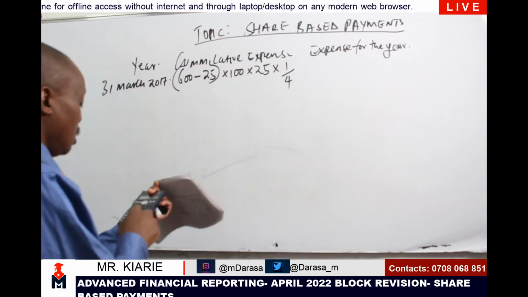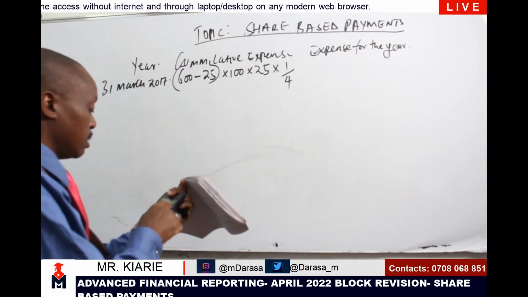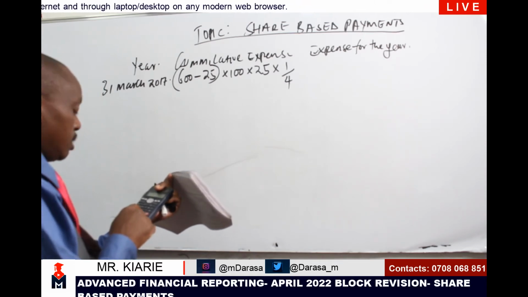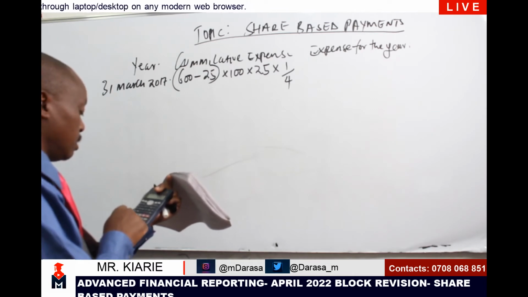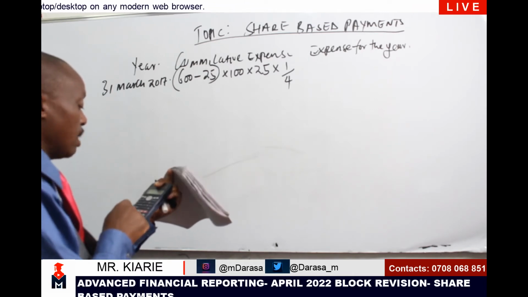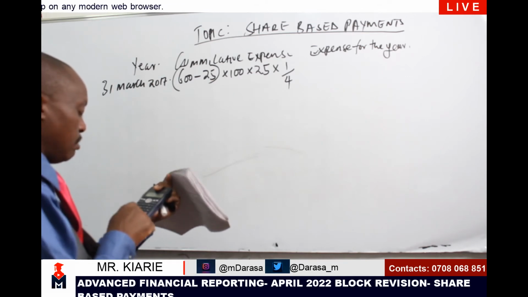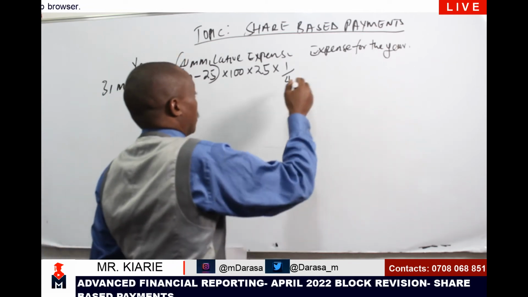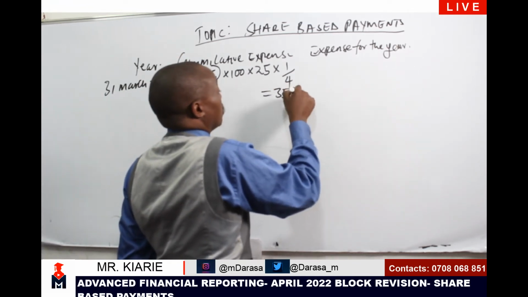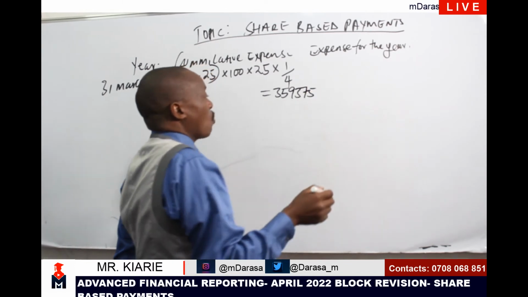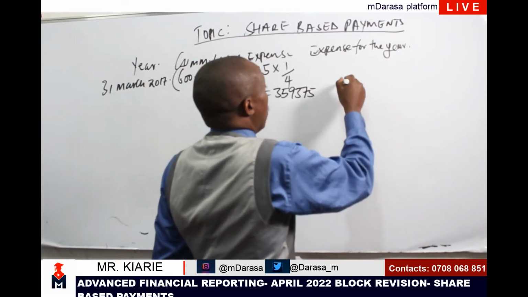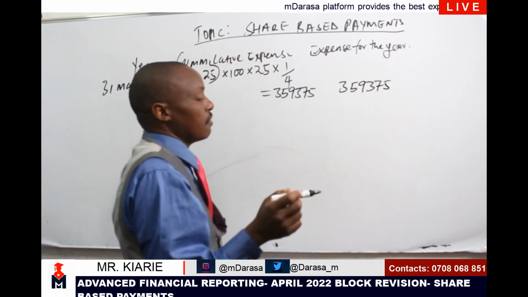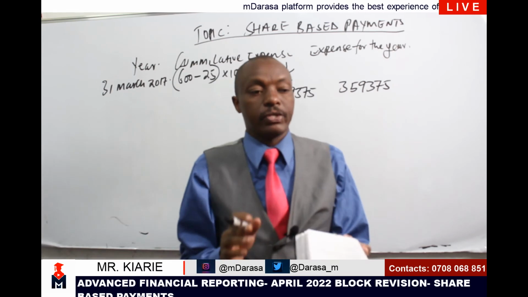This gives me 600 minus 25 times 100 times 25 times 1 divided by 4. I'm getting 359,375. And since it is year 1, the expense for the year will still be 359,375 because it is 359,375 minus 0.